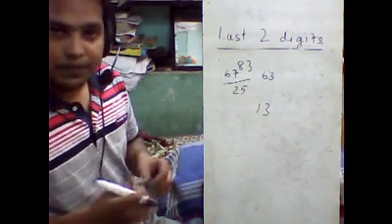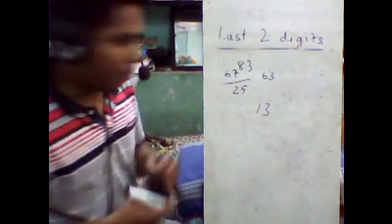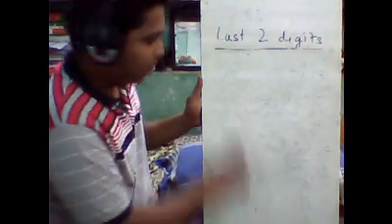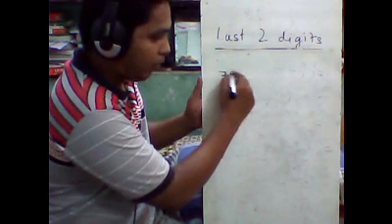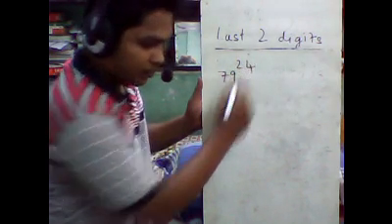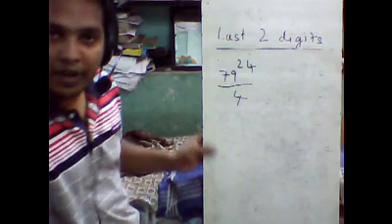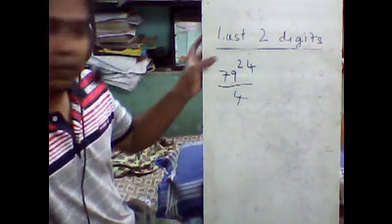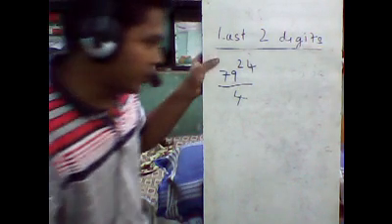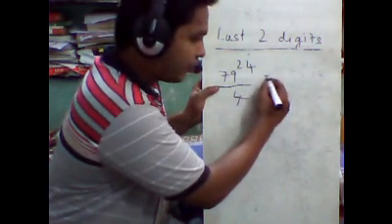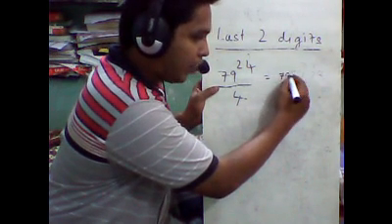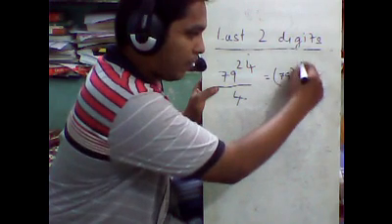Let us solve the next problem. 79 to the power of 24 when divided by 4. We need to find the remainder when 79 to the power of 24 is divided by 4. 79 to the power of 24 is nothing but 79 square, the whole to the power of 12.